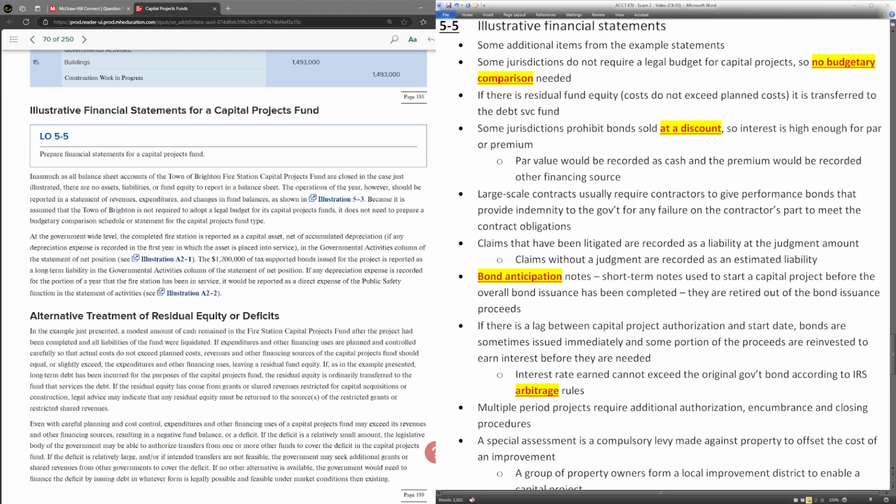So at the end, if you came in under, you can reclassify the remaining bond amount, or however much money you raised, whatever was left over, and transfer it out to generally the general fund.